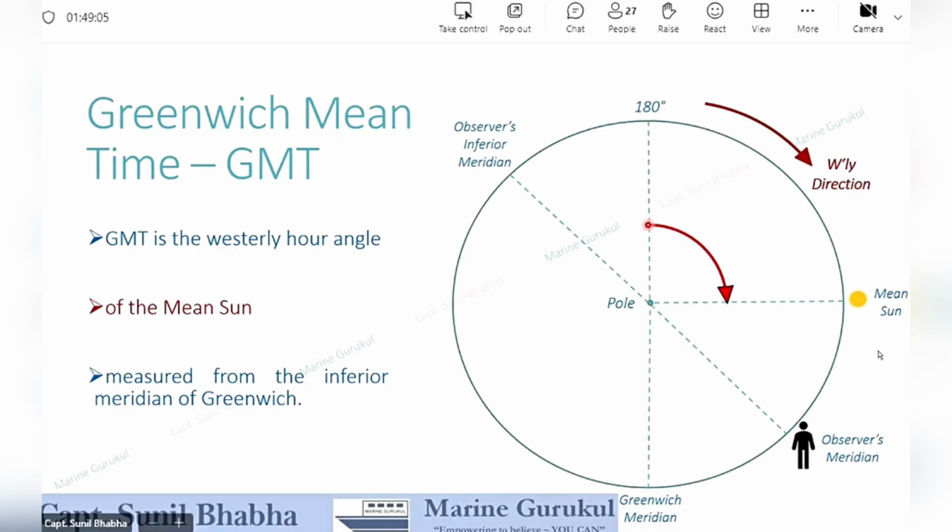So starting from the inferior meridian of Greenwich, going clockwise in the westerly direction up to the mean sun, this particular angle gives us the GMT. Very similar to LMT, the only difference is that the reference meridian for LMT was the observer's inferior meridian, and the reference meridian for GMT is the Greenwich inferior meridian.